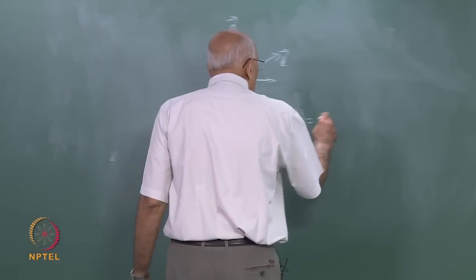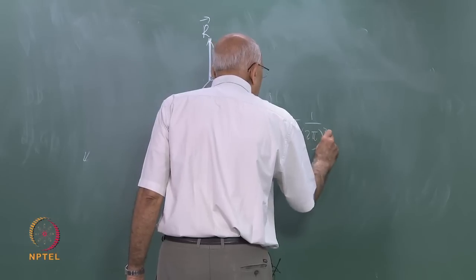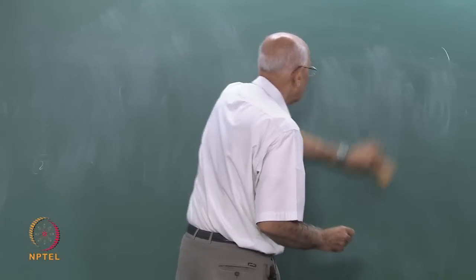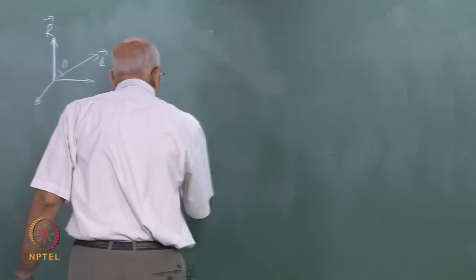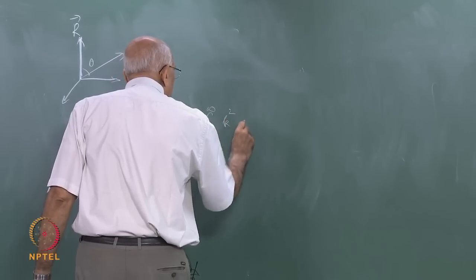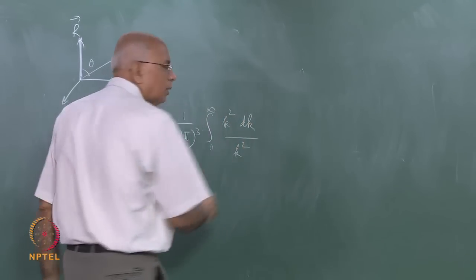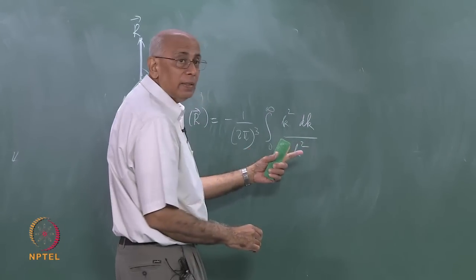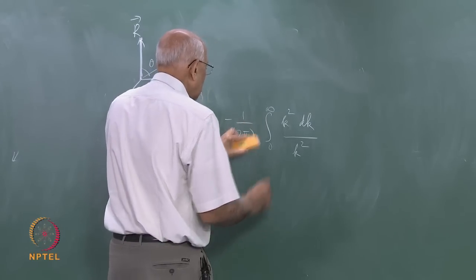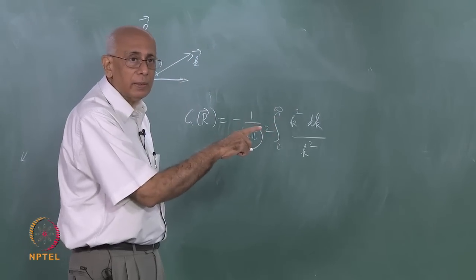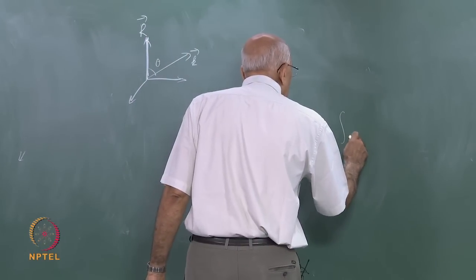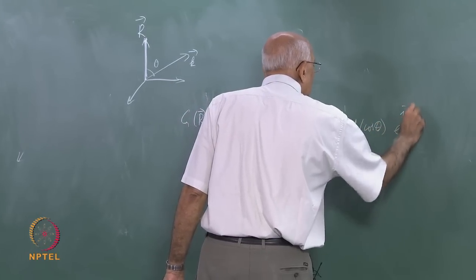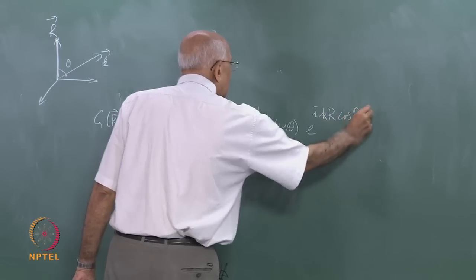So this is equal to minus 1 over 2 pi whole cube, integral zero to infinity k squared dk, but there is a k squared in the denominator which obligingly cancels out, and then there is a 2 pi from the phi integral, and then I have an integral over theta, which is minus 1 to 1 d cos theta e to the i k r cos theta.